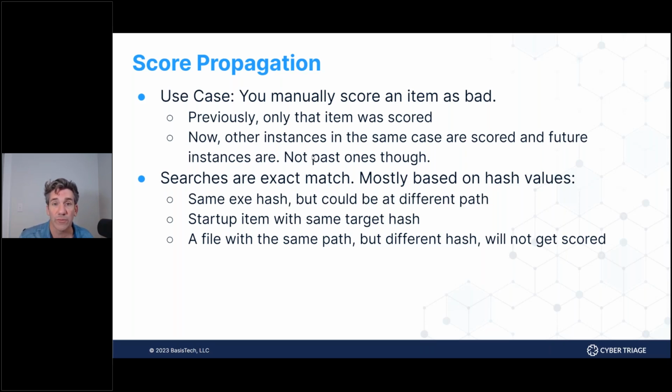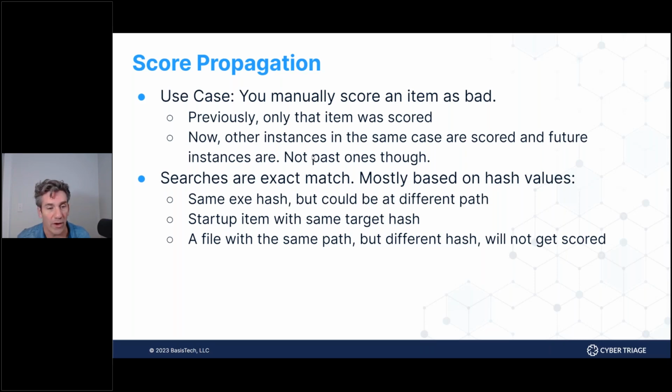So if you score something as bad and there's another thing with that same hash value, even if it's a different path, different location, it's going to come up as a suggestion or a flagging, on the theory that it's the content, the executable, the actions that are the bad thing. It's not the path. So a startup item with the same target hash value that's going to run will also get flagged. But if you have a file with the same path but different hash values, it won't get scored.